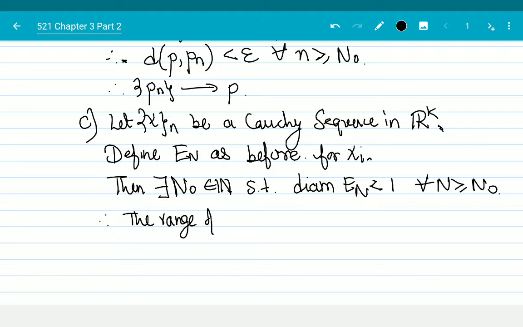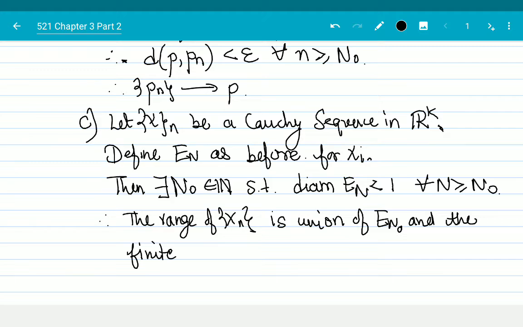The range of xn is the union of En naught and a finite set, x1 to xn naught minus 1. Okay, and hence it's bounded. Therefore, xn is bounded.